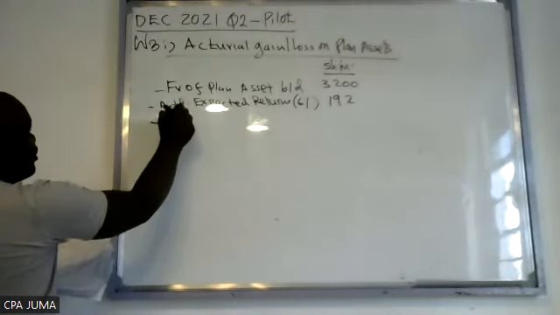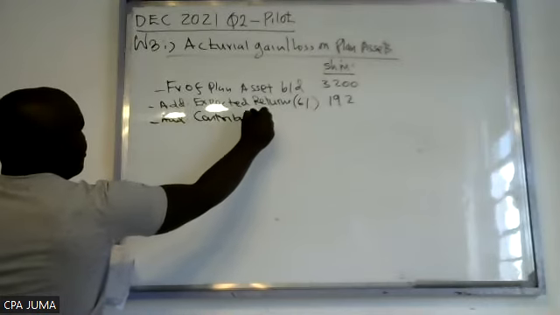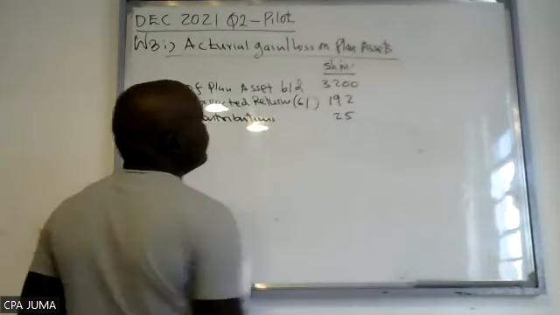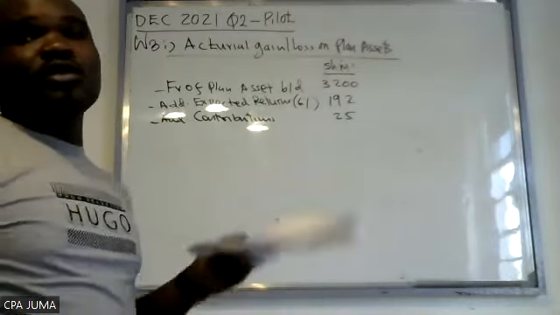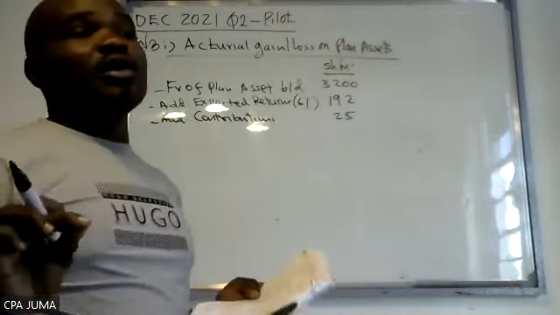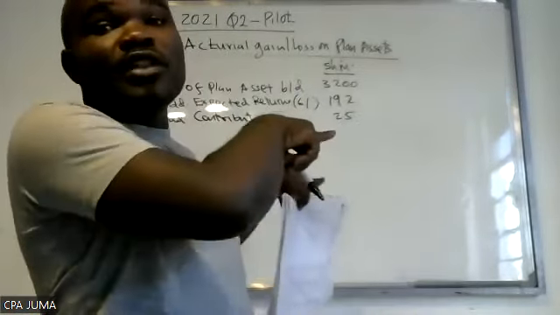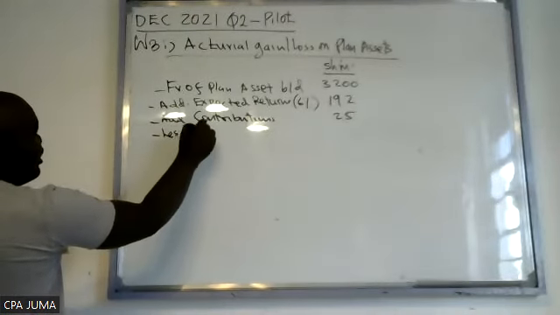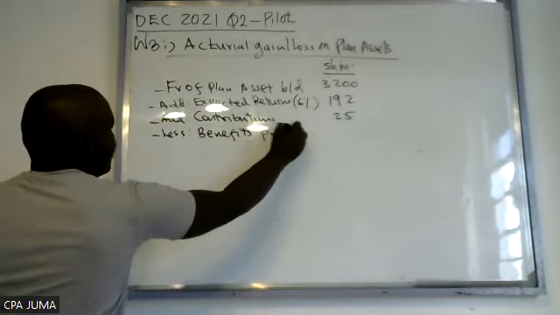So you add contributions. They made 25. So you increase your investment in the scheme. In the event that you are paid benefits, paying benefits reduces what you have in the scheme. So you net off. So less benefits paid. That's how we do it.